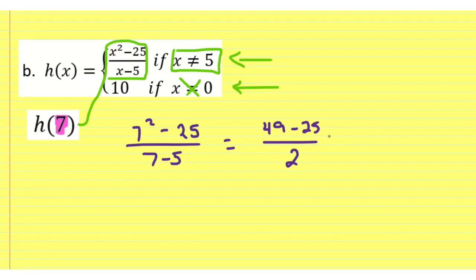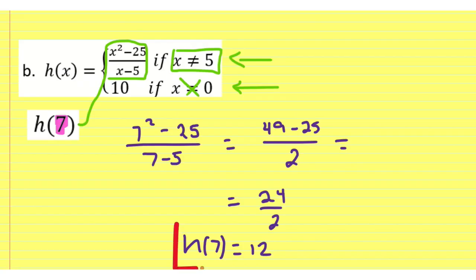And let's see, 49 minus 25 is going to be 24. 24 divided by 2 is going to give me a value of 12, which means that my h function, when x is equal to 7, is equal to 12.